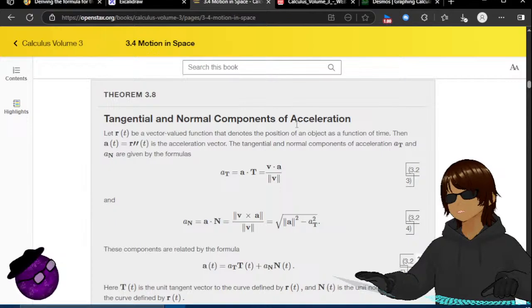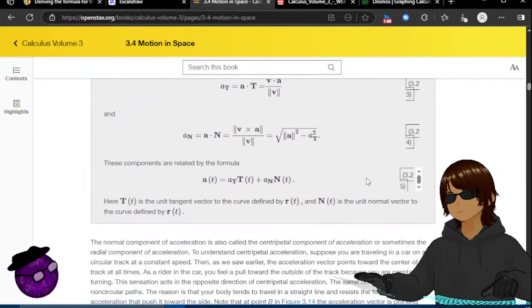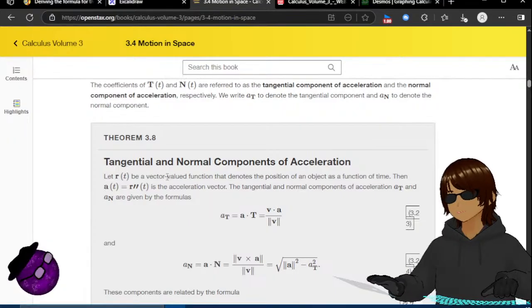Tangential and normal components of acceleration. Let r be a vector-valued function that denotes the position of an object as a function of time. Then a, which is the double derivative of r, is the acceleration vector.